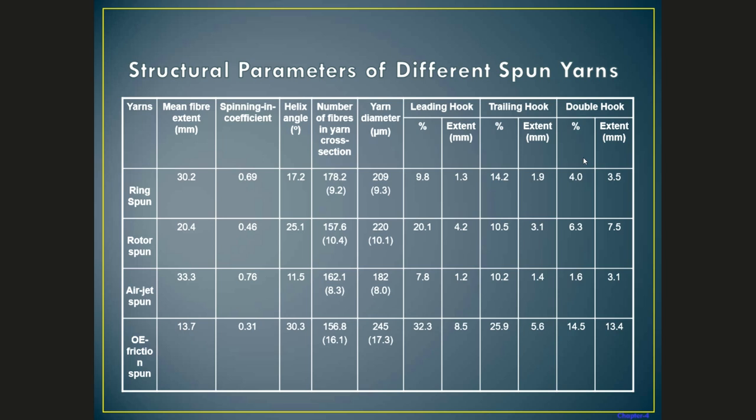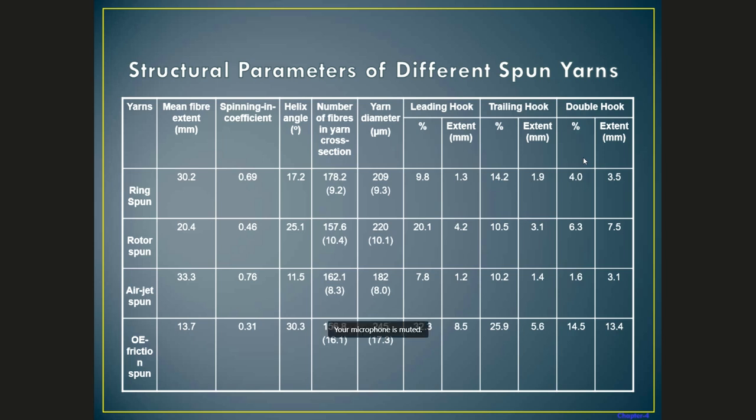Now trailing hooks: again you are noticing that air jet is giving the least, followed by rotor, ring, and friction spinning. And if you see the hook extent, you are getting again 1.4 in the case of air jet, followed by ring, rotor, and OE friction.